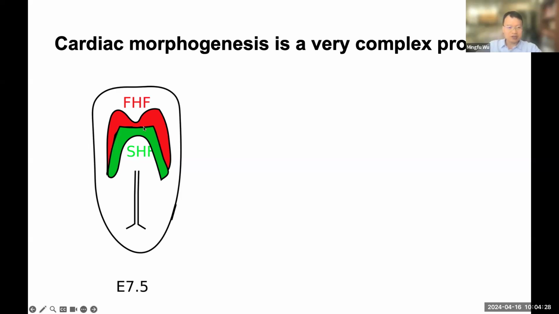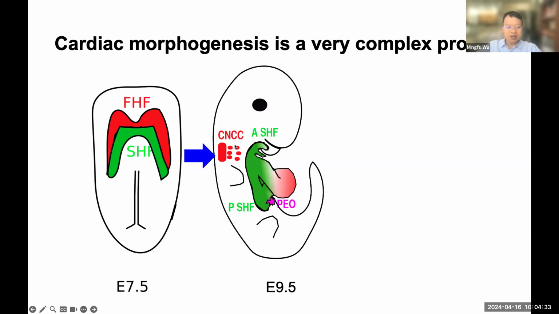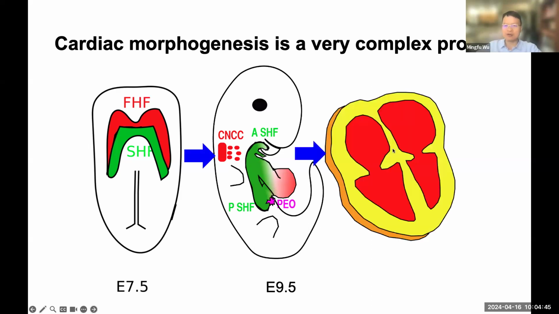Those progenitor cells will migrate to the midline to form a heart tube. This heart tube will undergo S-shaping morphogenesis to form an S-shaped heart tube, and this heart tube will undergo further morphogenesis to become a full-chambered heart.